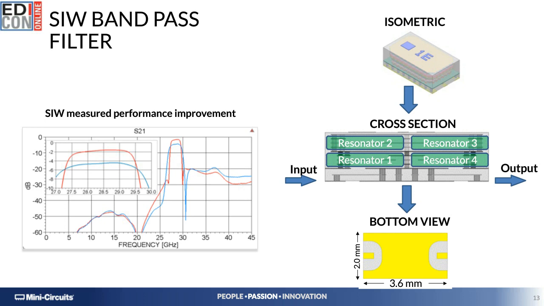We're looking here at a substrate integrated waveguide centered at 28.5 gigahertz with a 7.3% bandwidth, with an impressive mid-band insertion loss below 1.5 dB. These substrate integrated waveguide topologies are enabling very narrow bandpass filter implementations with low losses up to the mmWave range.